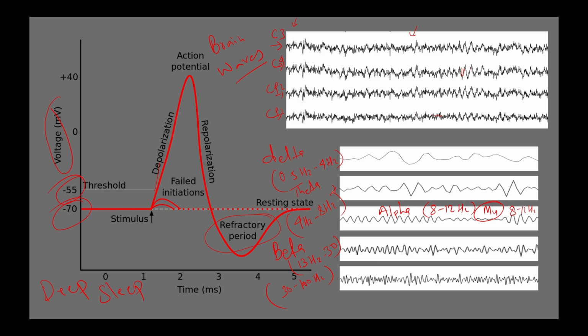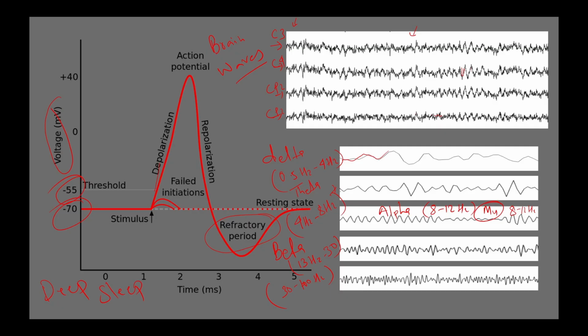When you are in very deep sleep, you will see delta waves like this one. But when you are not so deeply asleep, in a wakefulness condition, you will see the theta band, or with even more wakefulness, you will see alpha rhythms.